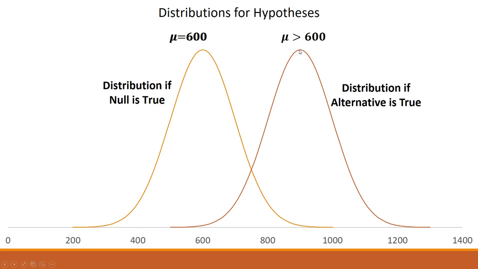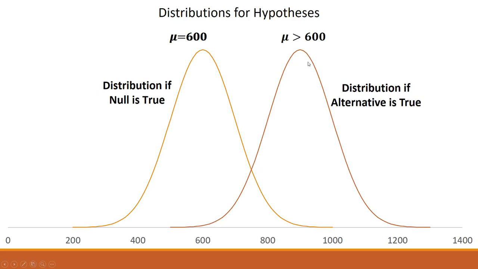We also could state one for if the alternative hypothesis is true, and that is that the mean is some number larger than 600. So this is what the sampling distribution of the sample mean would be if the alternative hypothesis was true and the true mean is some number greater than 600.